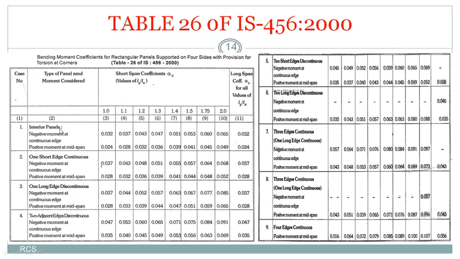See, these are the types of panels given in column number 2, and I have divided this whole table into two parts. We have altogether nine edge conditions of a slab, and for these, these are the coefficients along the shorter direction and these are the coefficients along the longer direction. The ratio Ly by Lx is given, with a minimum value of 1 and a maximum value of 2. In between we have the two-way slabs.